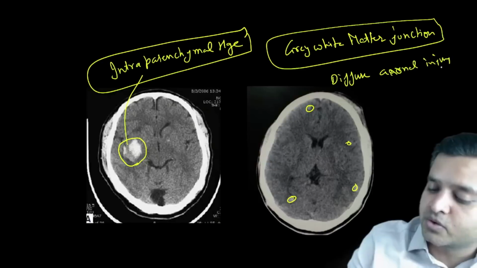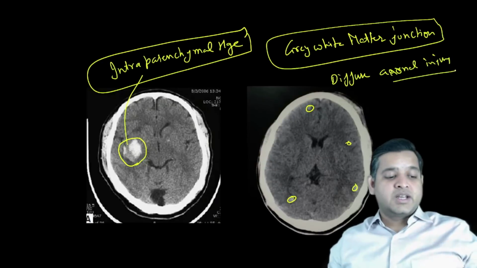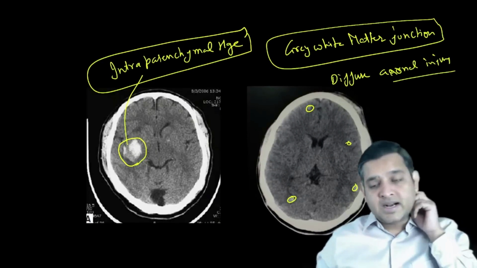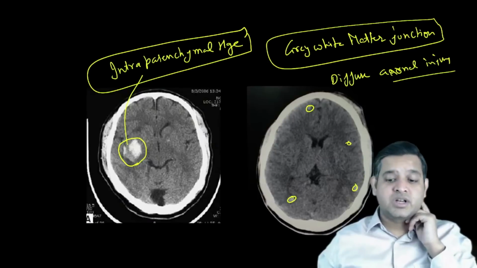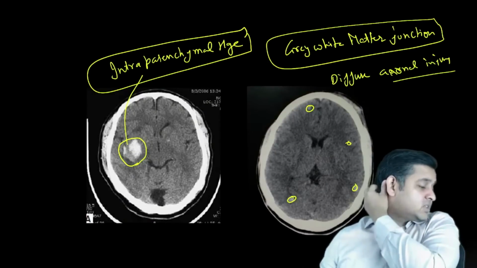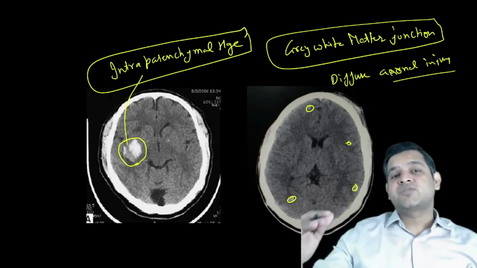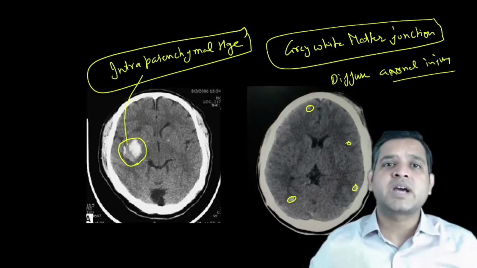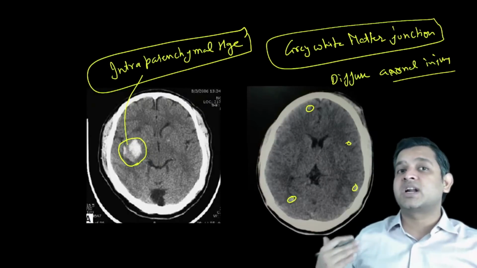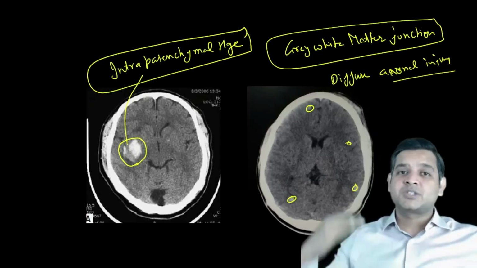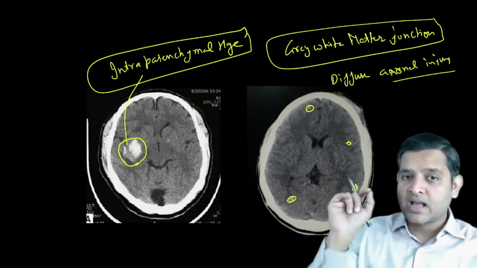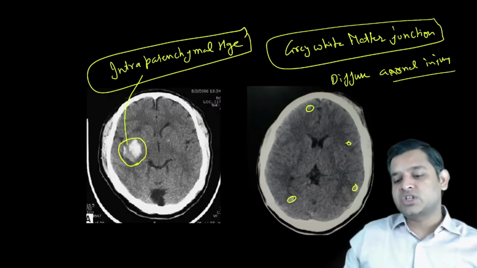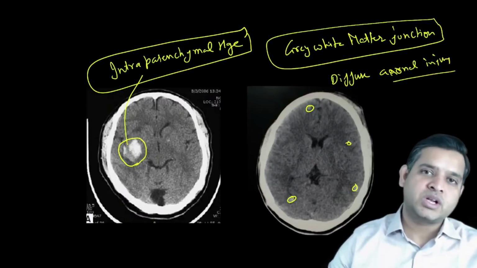But this is not a pontine hemorrhage. Why is this not a pontine hemorrhage? Because this transverse section is not taken at the level of the pons. Pontine hemorrhage will only be seen when you are seeing a section at the level of the pons. So this is a much higher section, and this is a hemorrhagic foci at the gray white matter junction, which is a feature of diffuse axonal injury.